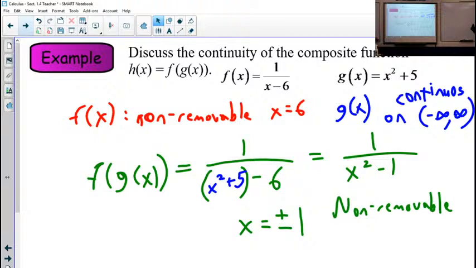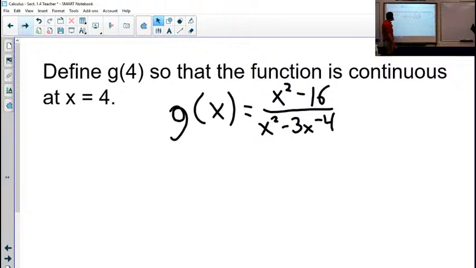All right, one more? Yeah, we have a few minutes. Let's do our next one. Define g of 4 so that the function is continuous at x equals 4.